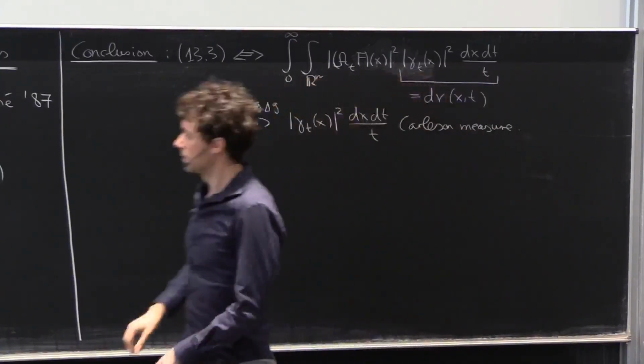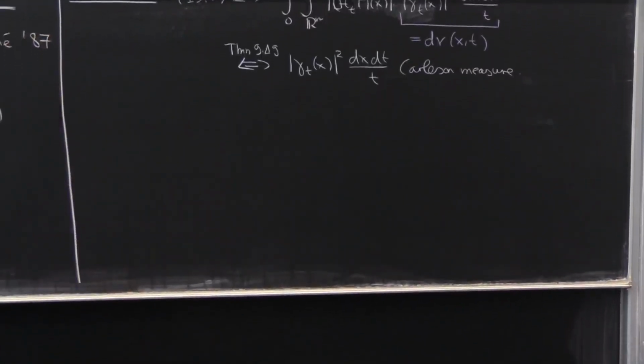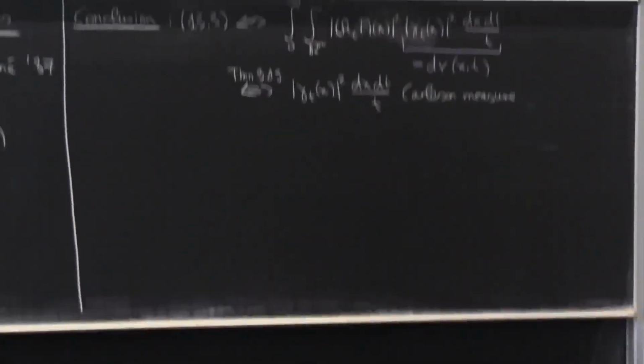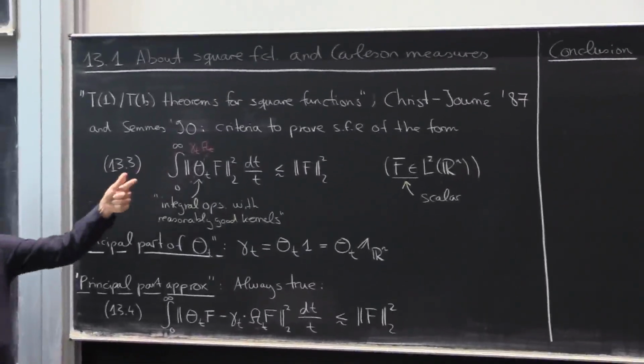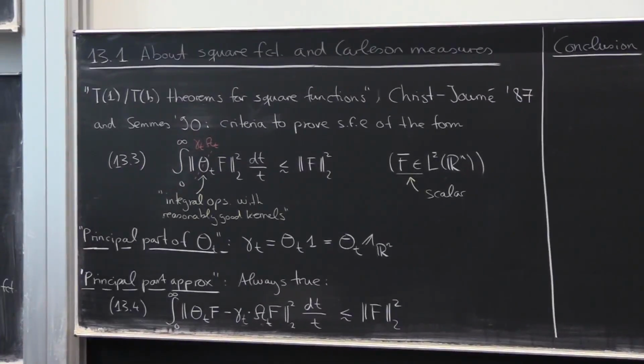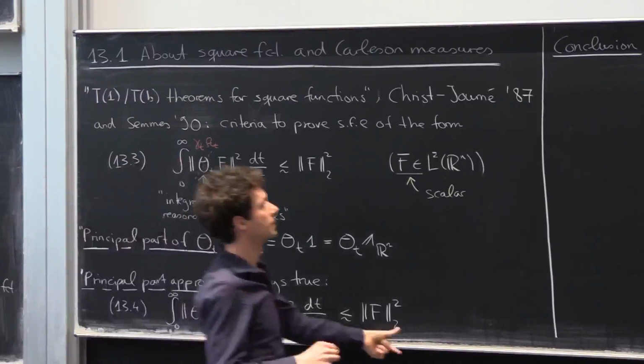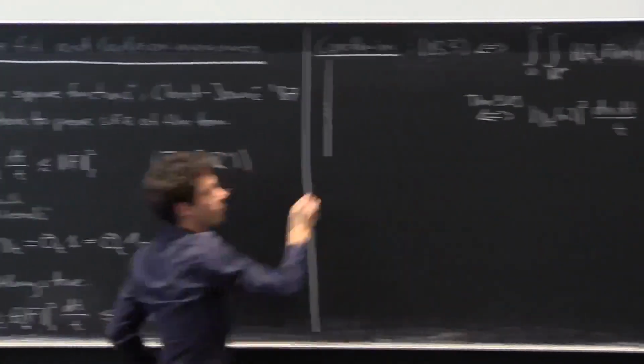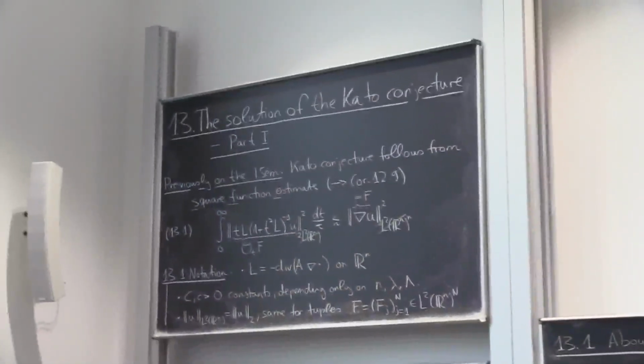All right. So that's it. That's the idea. Square function estimate is equivalent to checking the Carlson measure condition for the principal part. Now, all of this is going to be wrong when I try to apply it to this operator. First obstruction is that it's scalar valued.